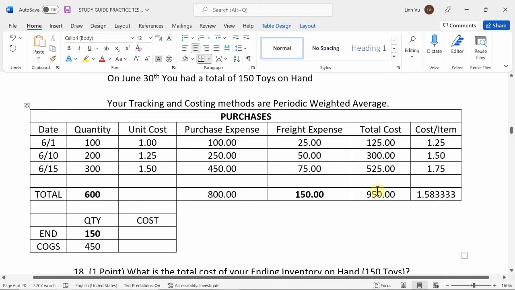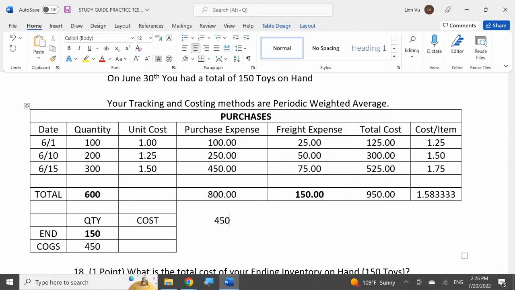So that means every item that I sell is going to cost me $1.583333. So if I sold a total of 450 units at $1.583333, what is my grand total cost of goods sold? $712.50. $712.50.